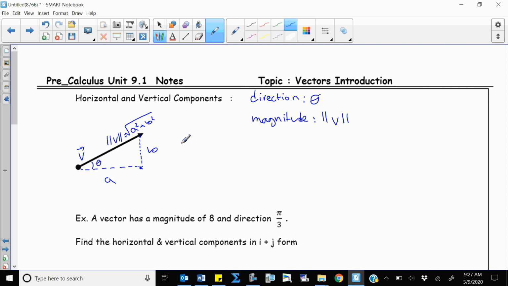Now let's try to find cosine of theta using this right triangle that we have here. Cosine of theta we know is adjacent over hypotenuse. Adjacent side is a, and the hypotenuse is the magnitude. And also sine of theta is the opposite over hypotenuse, which is the magnitude. So it will be b over magnitude.